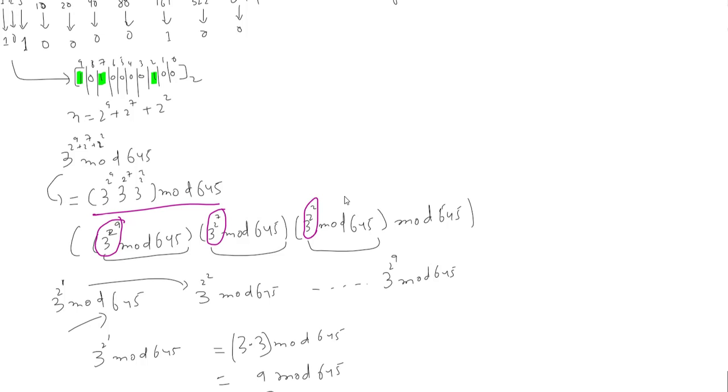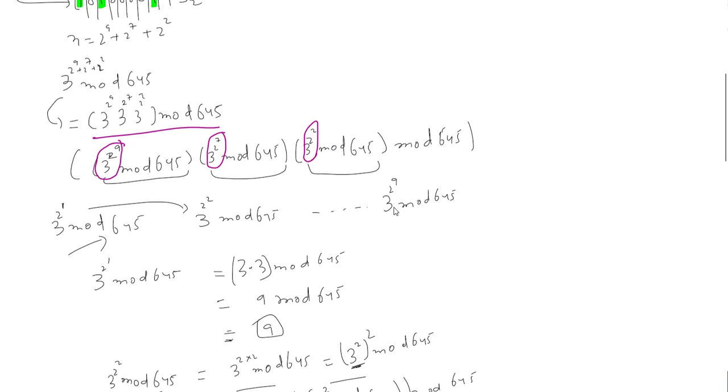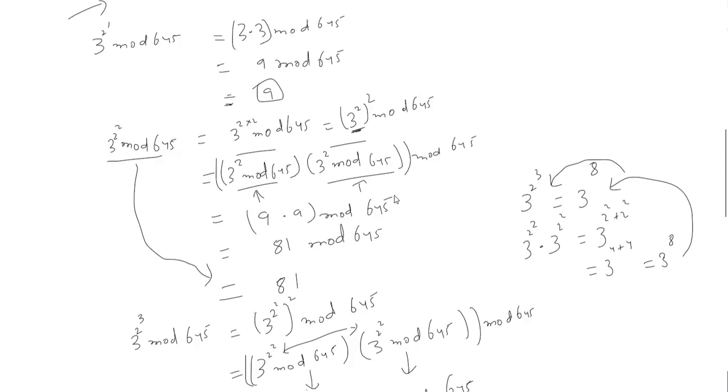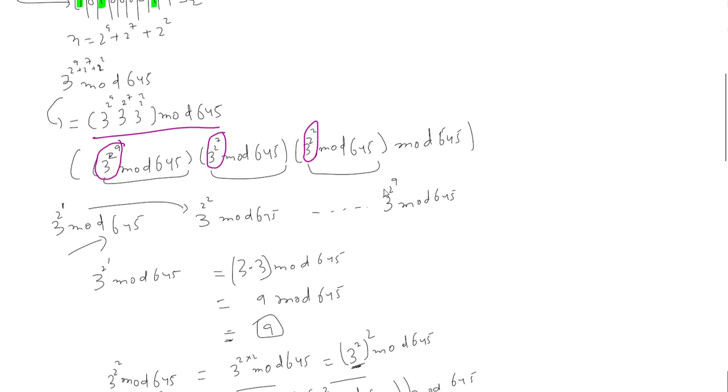And we have their values. We have this value, we have this value, and we have this value. All we have to do is mod that with 645.